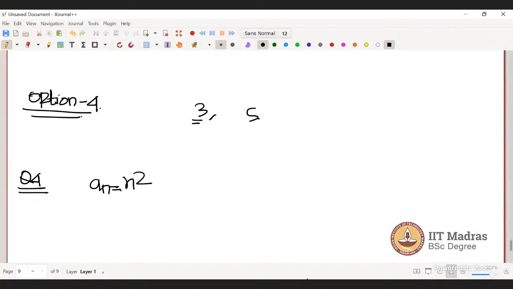Basically, in the original sequence, a1 is 1, a2 is 4, a3 is 9.